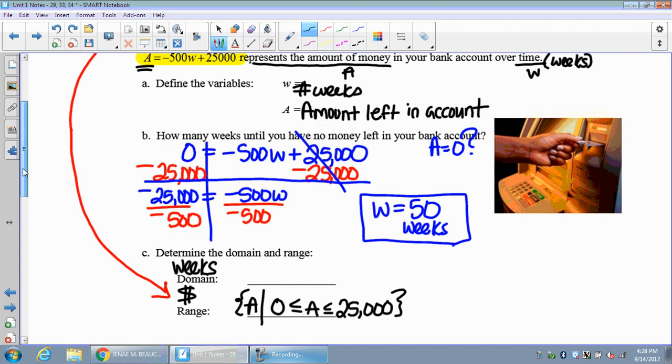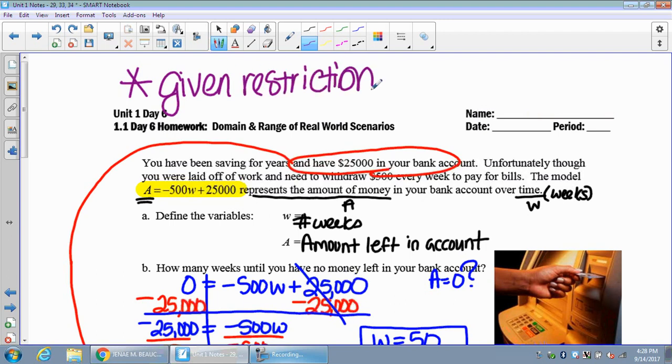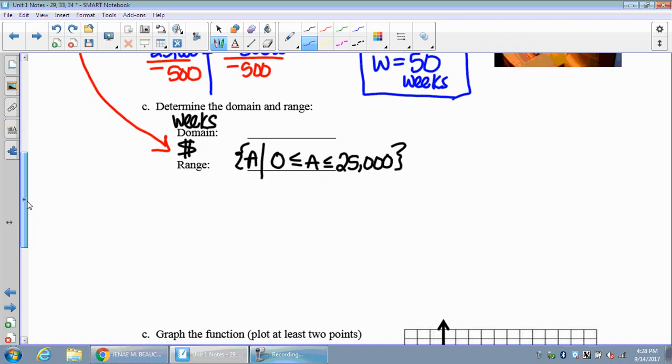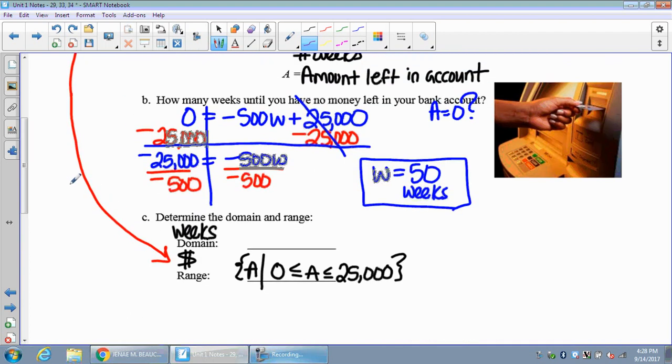So at the top, I'm going to write... So this is what I mean by you've already done all the work needed. In this follow-up question, it asked you how many weeks until you have no money left in the account. And it was 50.